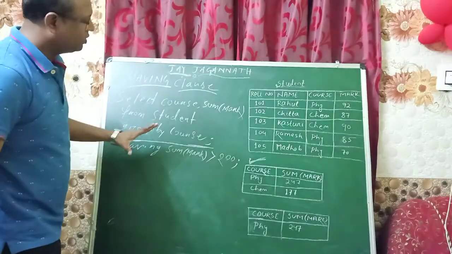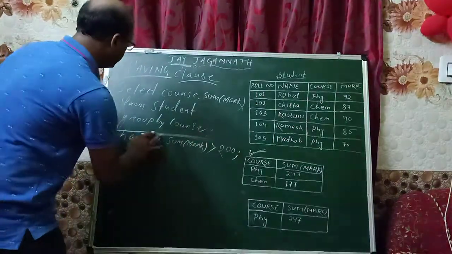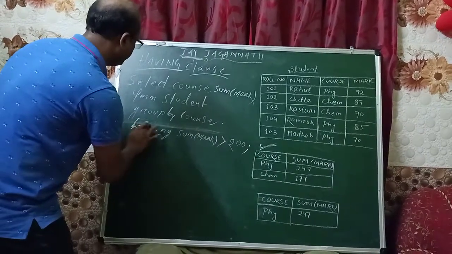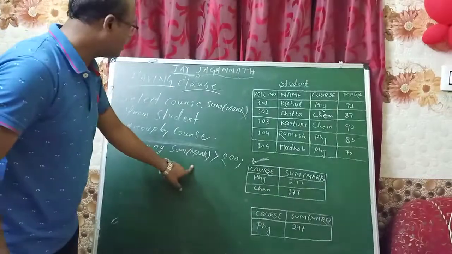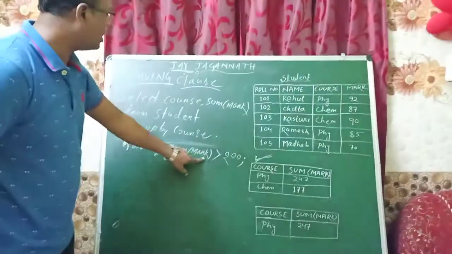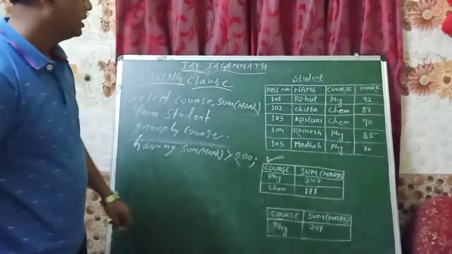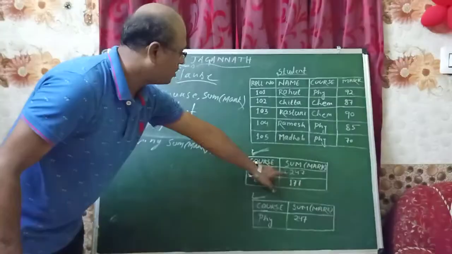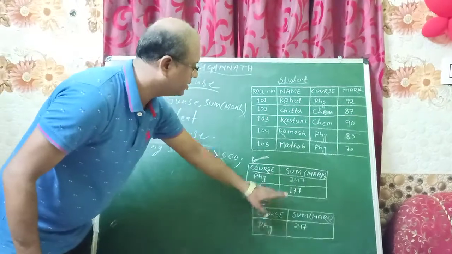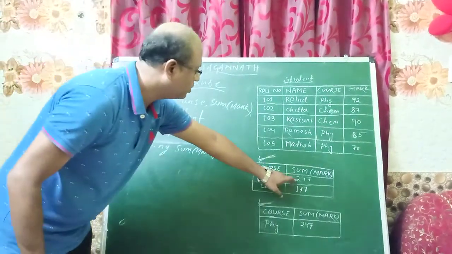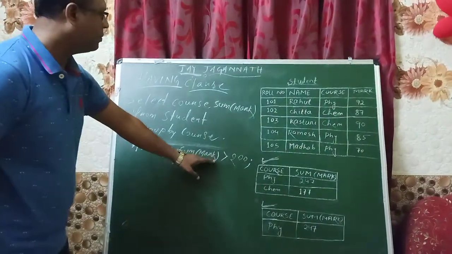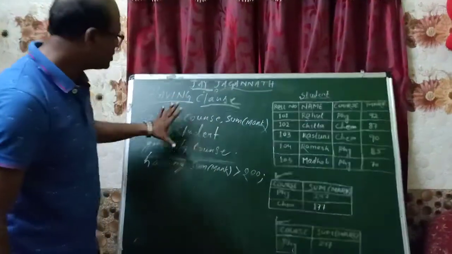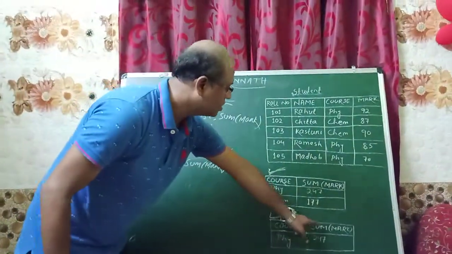But if your intention is to put a condition on the group, then you have to use the having clause. The having clause says the sum of mark should be greater than 200. Then the result will be this one. Out of 247 or 177, the condition is satisfied by 247. The sum of mark greater than 200, the condition is satisfied by 247. So this query will show the result: course, sum mark, physics 247.